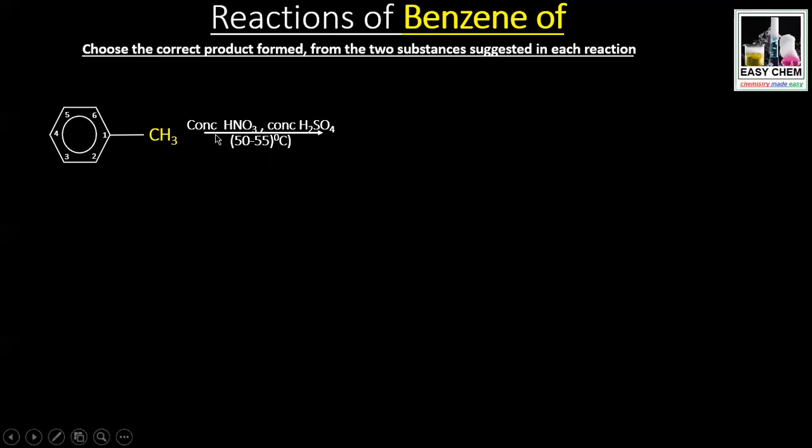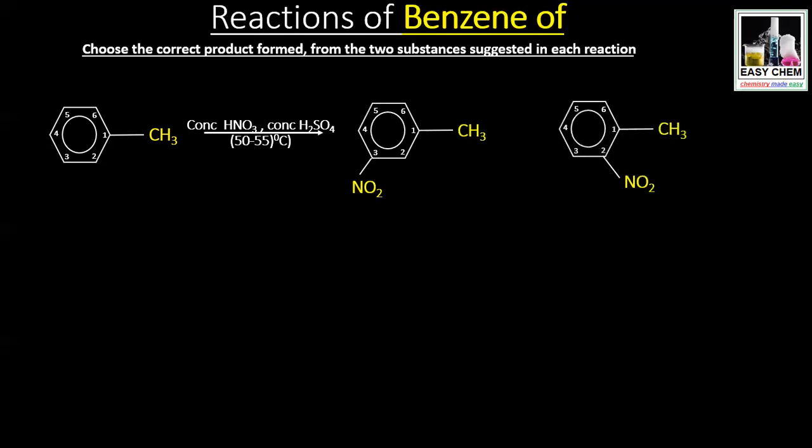This methyl benzene, if reacted with concentrated nitric acid, concentrated sulfuric acid, at 50 to 55 degrees Celsius, you should know that this is nitration. These reaction conditions are going to attach an NO2 part into the structure. So my question is this. I suggest two compounds. From these two compounds, what is the correct product?